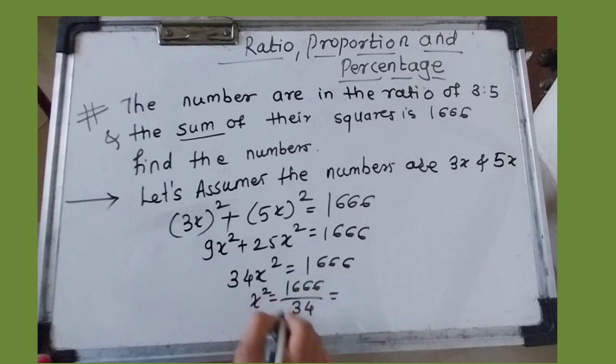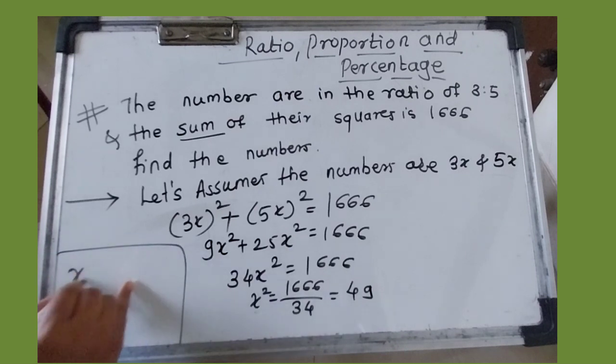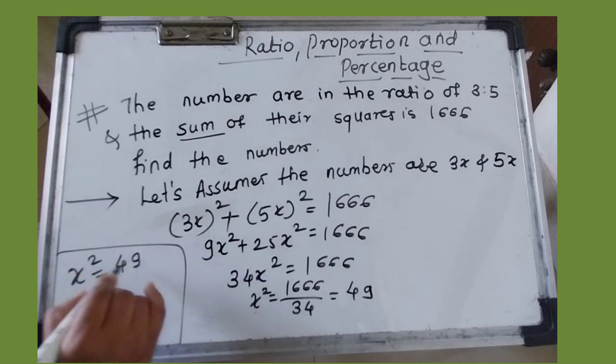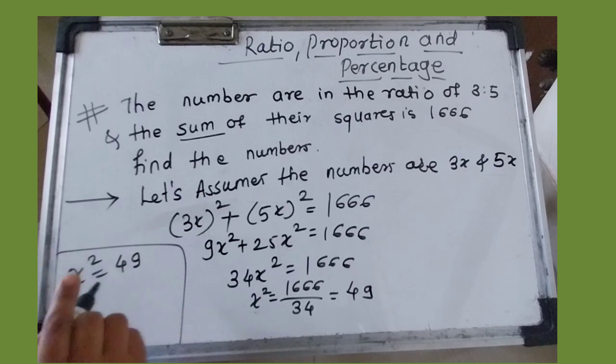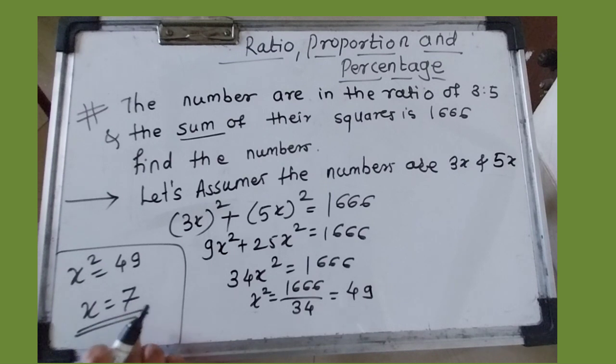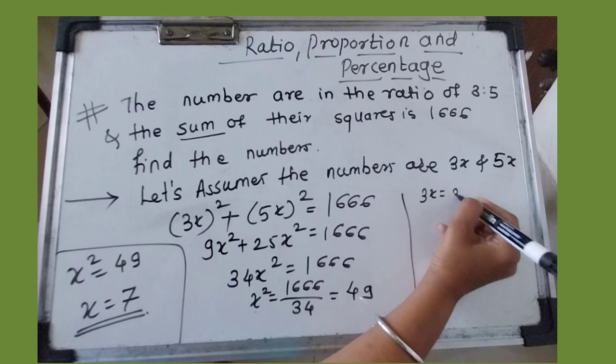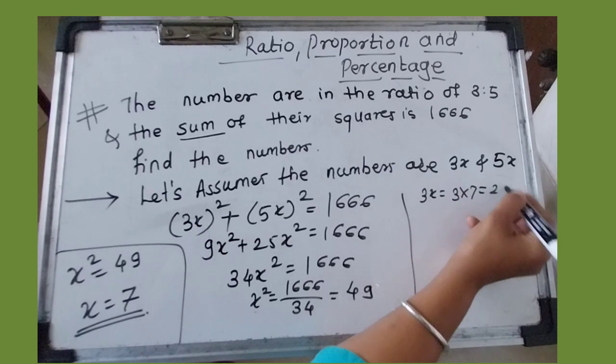Calculator is allowed. Put this value in the calculator and find out. So answer is 49. I write here, x square equal to 49. 49 is the square of 7, so x equal to 7. Clear? So numbers are 3x, 3 into 7, so 21.